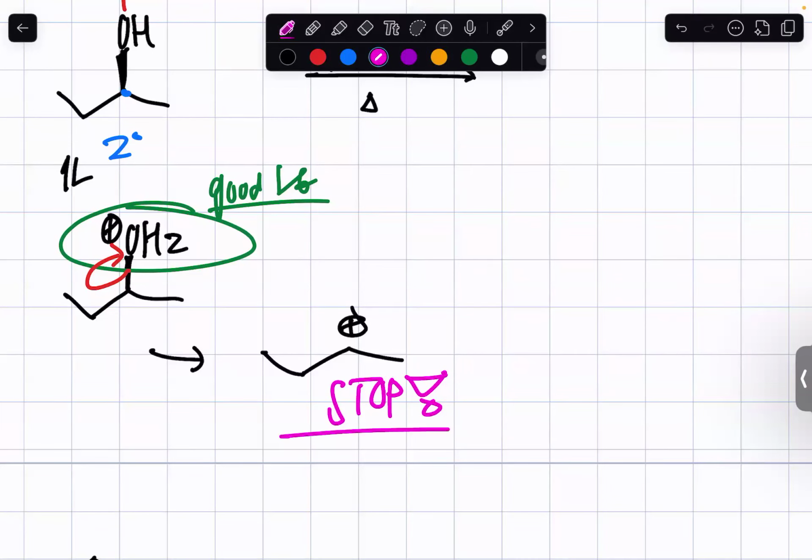Look directly to the right and left of it and see if you can make it more stable, more substituted. This carbocation right here is secondary, so it's already in its most stable position. If you go to the right, that's primary. If you go to the left, that's secondary. So it wouldn't make a difference, and we don't have to worry about any carbocation rearrangement here.